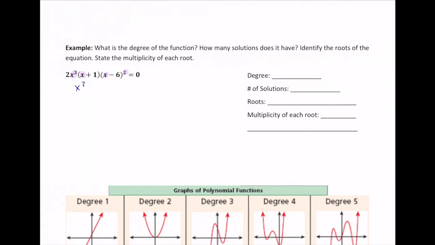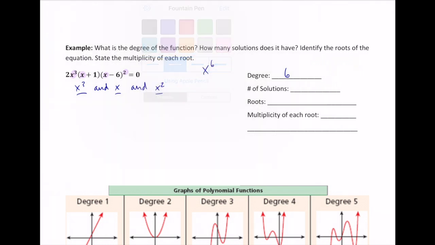That gets us 6, because we have 3 plus 1 plus 2. So our polynomial would have looked like x to the 6th before we factored it.